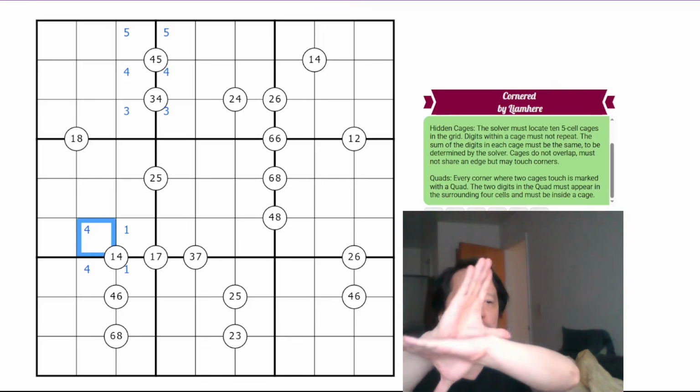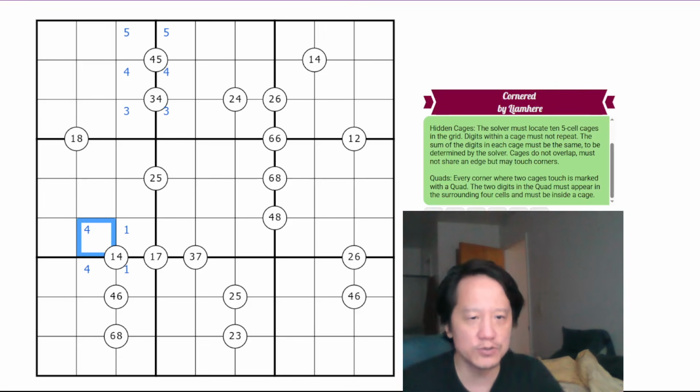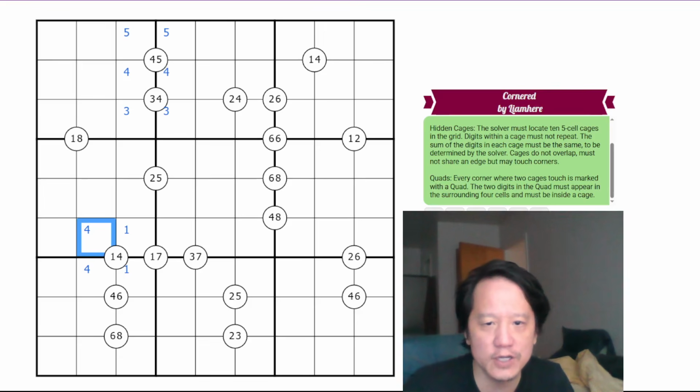So you have one cage going here. So it's something like this. You have one cage here and then another cage here. And then these two are empty because you can't share edges and they can't overlap for cages, right? So it's something like this.